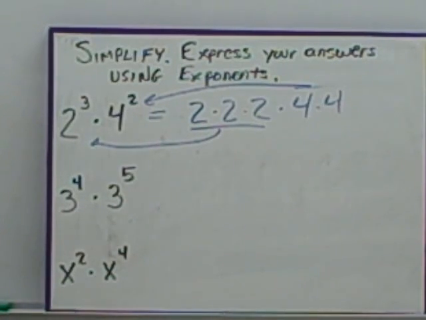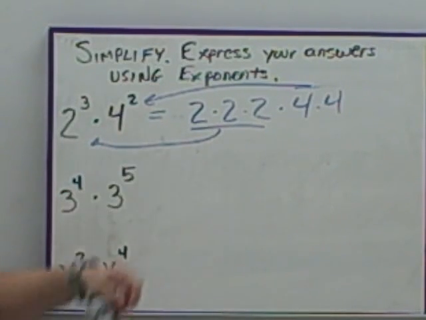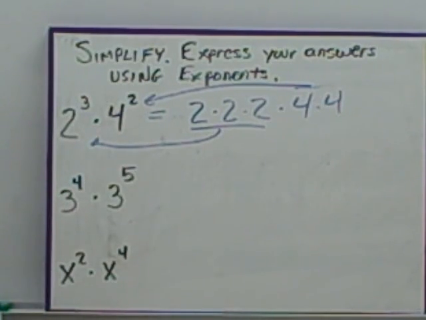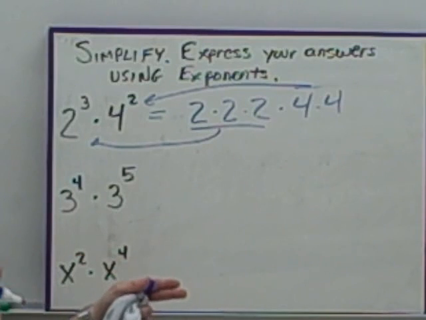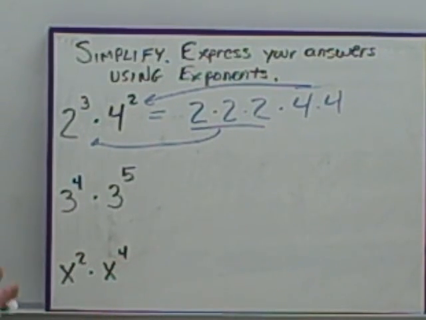There's nothing we can do with that. We cannot combine these to make a simplified expression here. Yeah, you could convert the 4s into 2 squares, but we're not going into that kind of problem at this grade level here. So this one cannot be simplified any further using exponents.